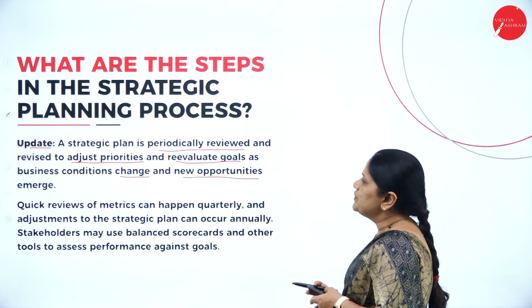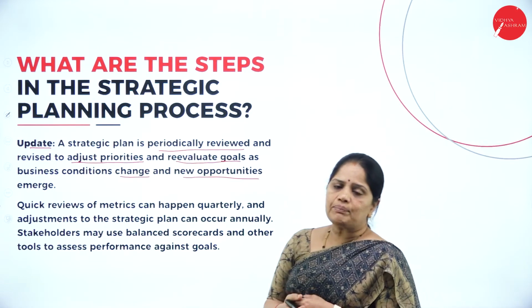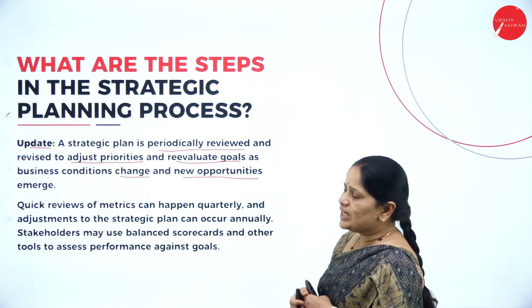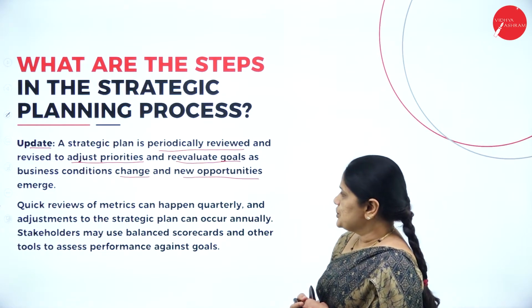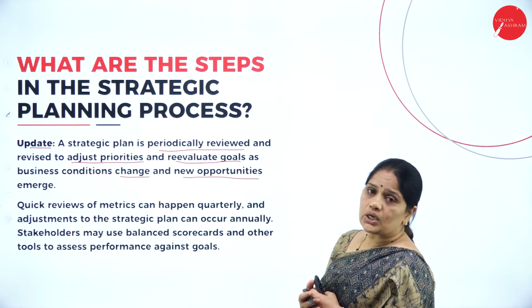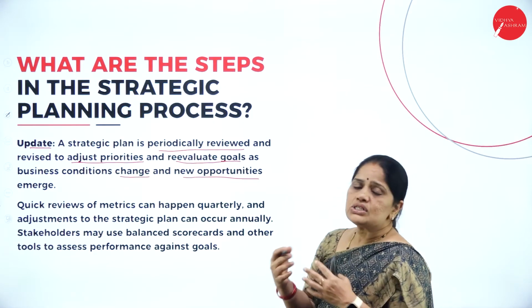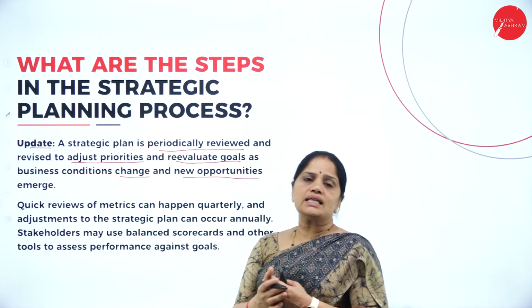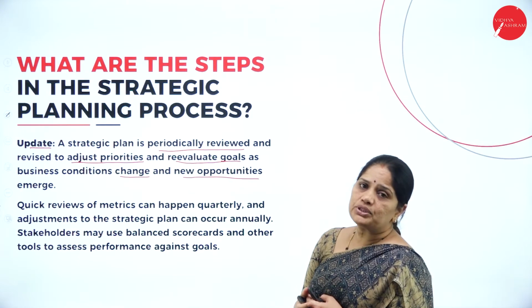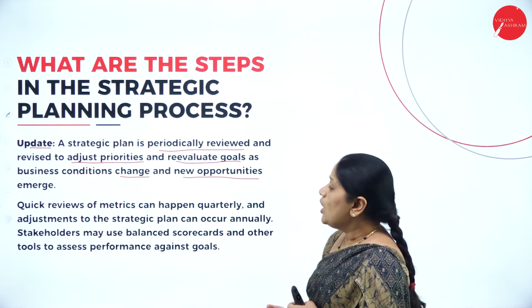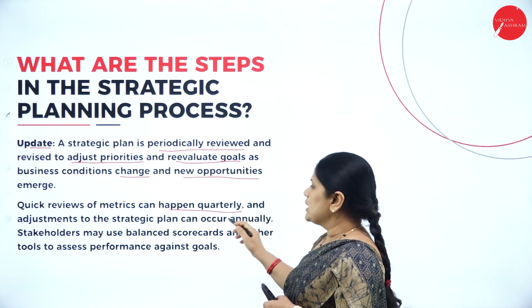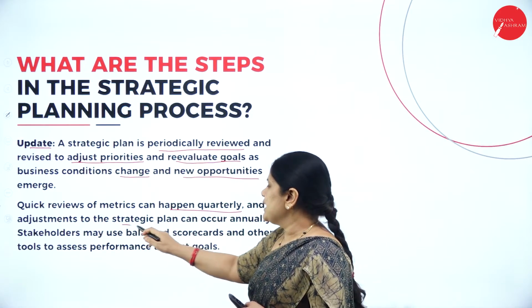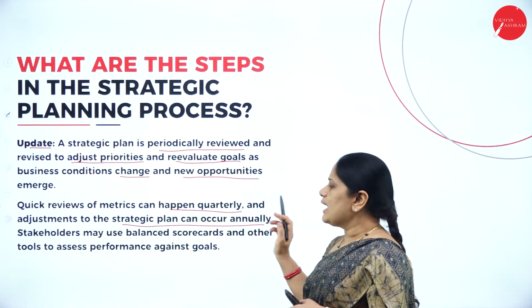So we have to periodically review the plans, and then we also have to adjust the priorities of the organization and reevaluate the goals of the organization, as and when there are changes in the environment and as and when opportunities come in front of the organization. Quick reviews of metrics can happen quarterly and adjustments to the strategic plan can occur annually.